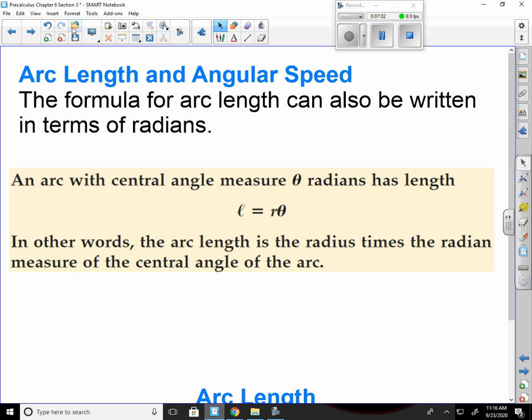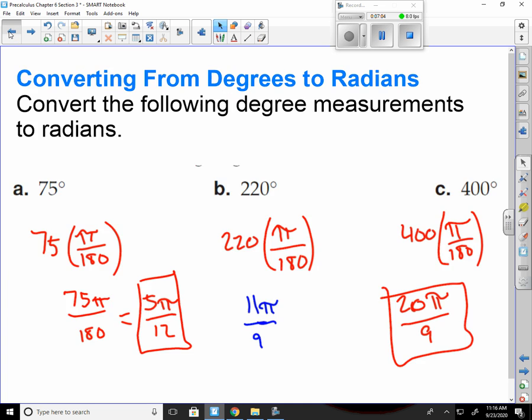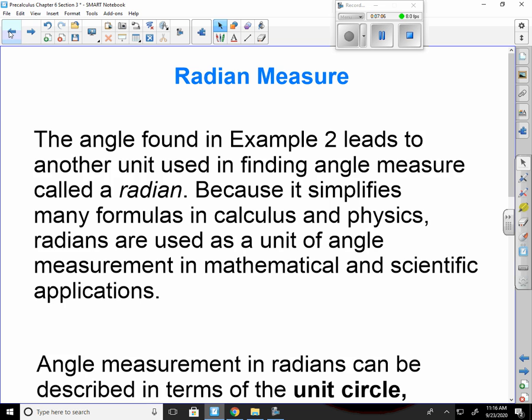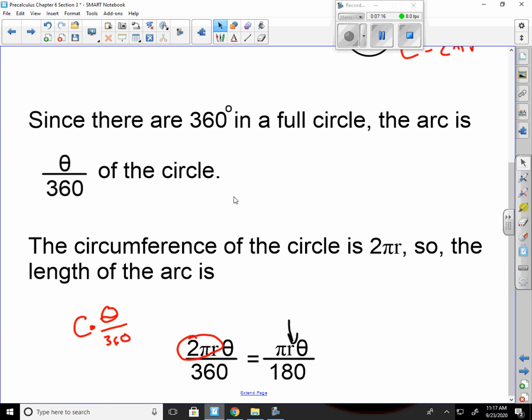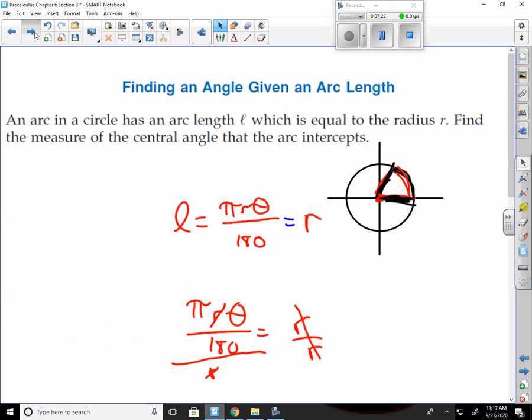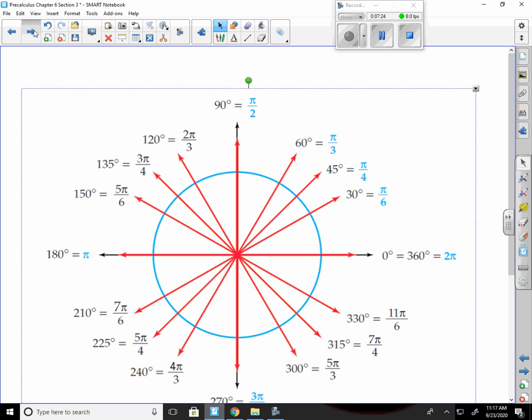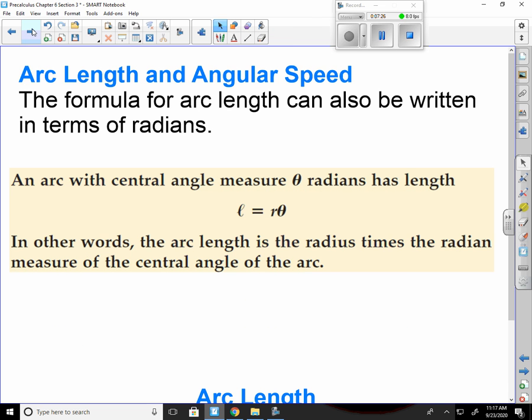I feel like the other formula was much longer. If we go back and look, we had pi r theta over 180. This was our formula for arc length with degrees. Now it's a much simpler formula because we're using radians. We don't have to do a conversion inside of this formula.